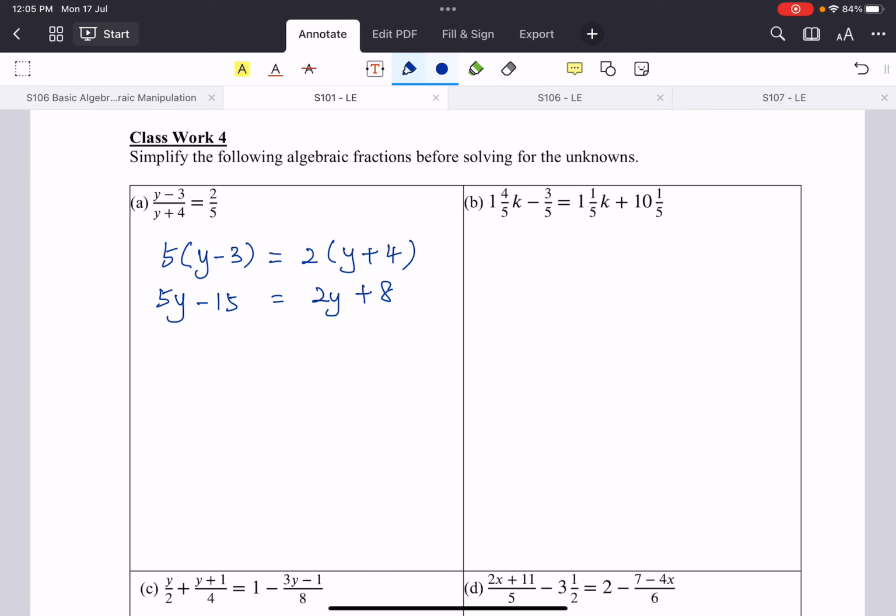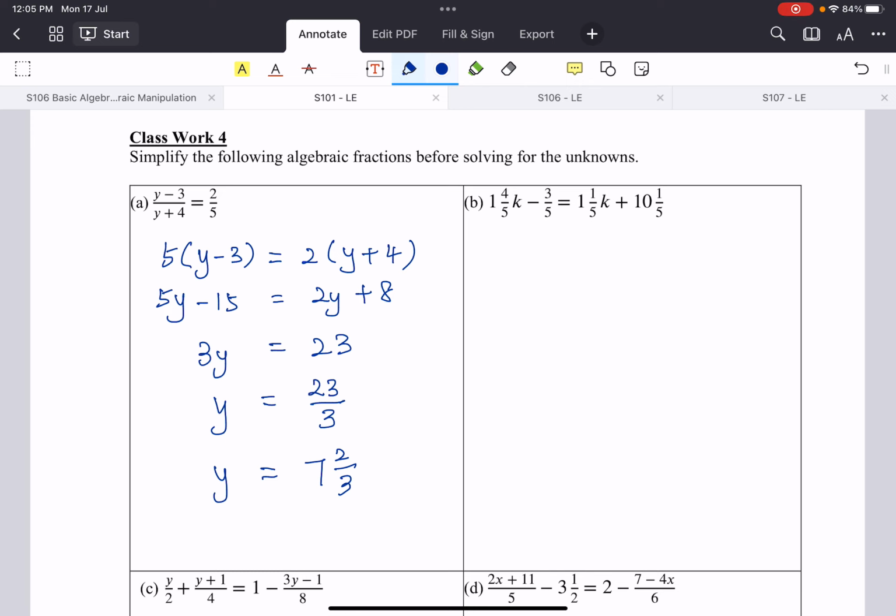Minus 2y on both sides and add 15 on both sides. We have 3y equals to 15 plus 8 is 23. Right? So y will be 23 over 3. And if we want to write it as mixed number, that will be 7 and 2/3.